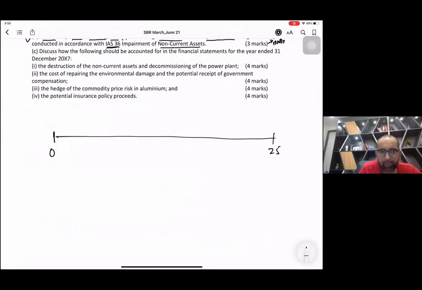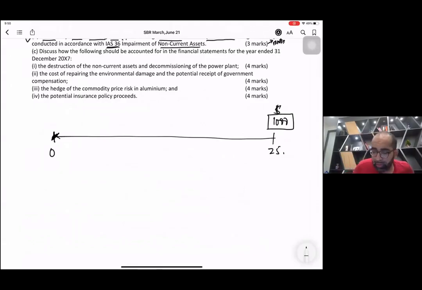This is year 25, just for your example. At the beginning of the contract, we came to know that when we end this power plant, we need to decommission it. Listen very carefully. The cost of decommissioning at the end of year 25 is $1,000.